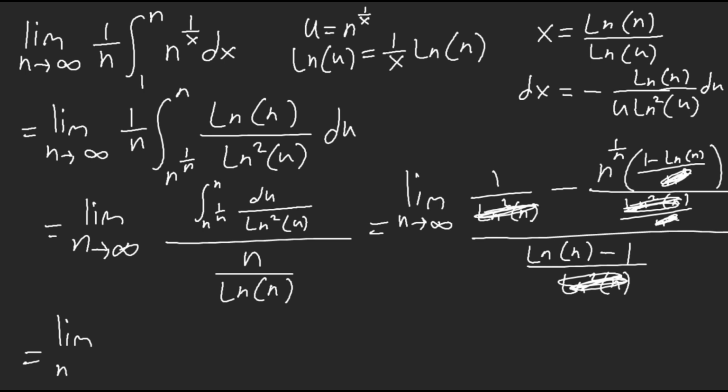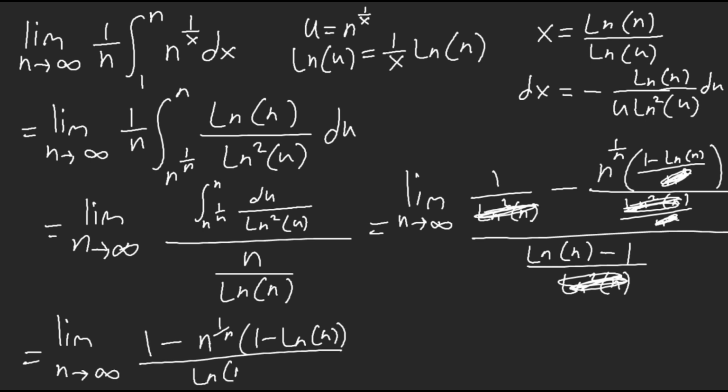So our limit is now 1 minus n over n to the power of 1 over n, times 1 minus ln of n, and then ln of n minus 1. So this is what we have. And then, like I said, we just find the limit from this.